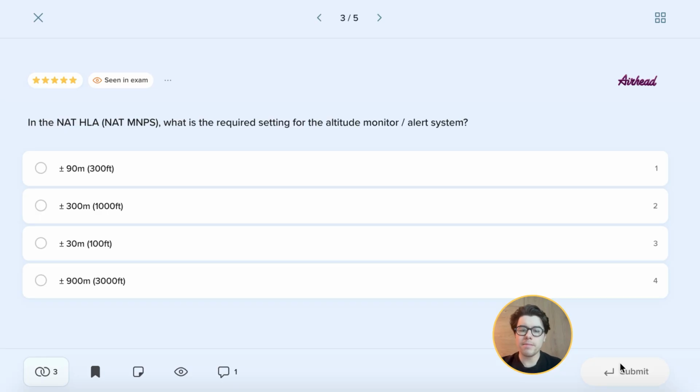This is similar to RVSM. However, RVSM now is used in these non-HLA airspaces. So of course, this will be our flight, which reduces the separation between the aircraft. And here, the altitude monitoring and alerting system regulations will be the same for both. Now, this question is relatively, it lacks feedback, so this is why I wanted to discuss it with you.